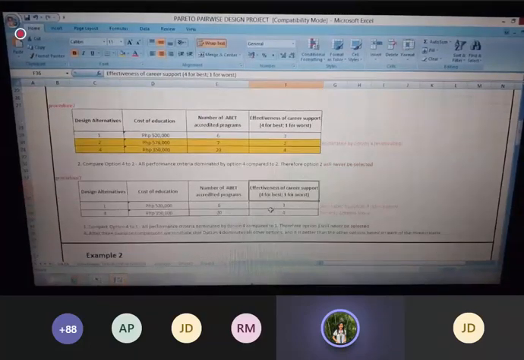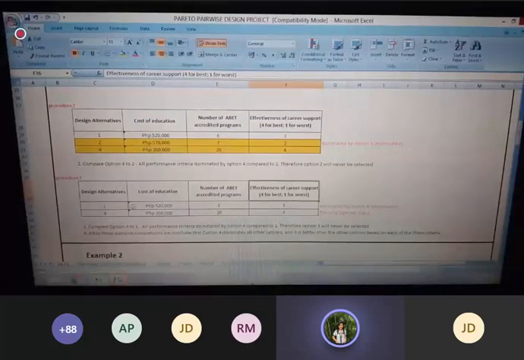So after 3 pairwise comparisons, we conclude that option 4 dominates all other design alternatives, and it is actually the best among the options based on each of these 3 criteria.